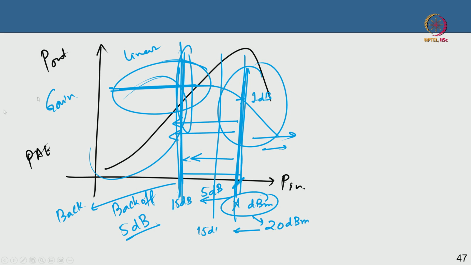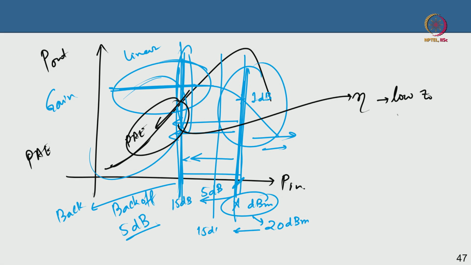By the way, that also means if you look at the black curve here, your PAE is also reducing. So your efficiency is also low to modest, but it is still better than a very linear class, but your linearity consideration is still forcing you to operate at back off.